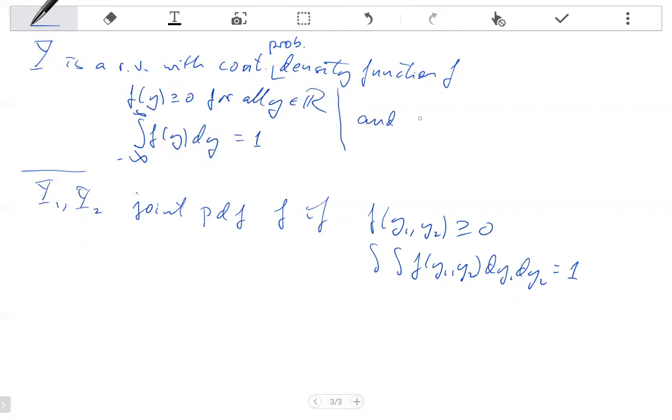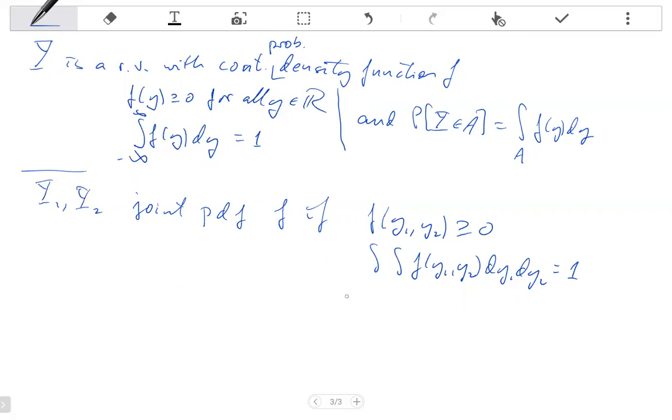We also need the probability that y is in a set A to be equal to the integral over the set A of f of y dy, for those A's where this can be integrated.